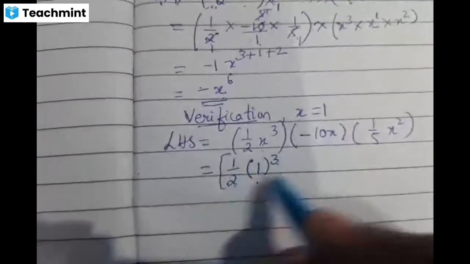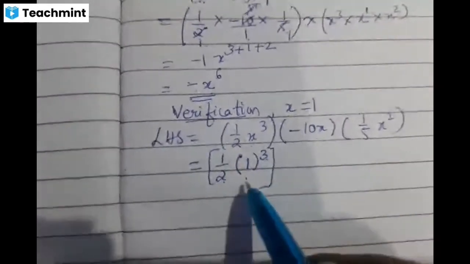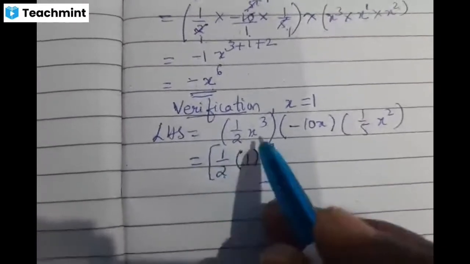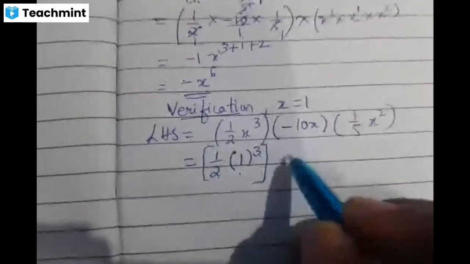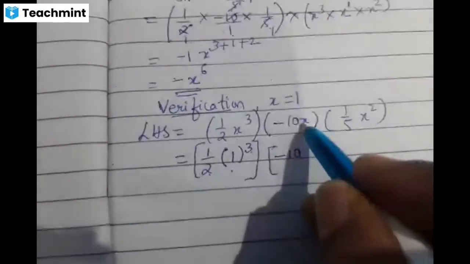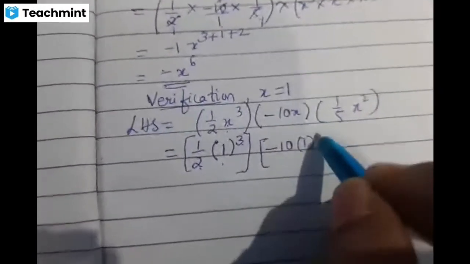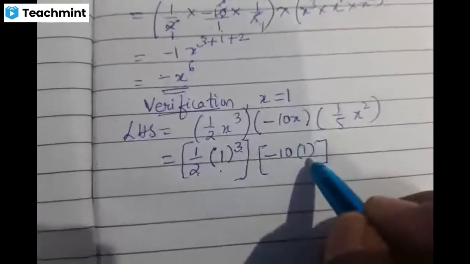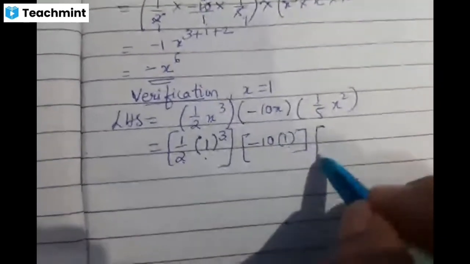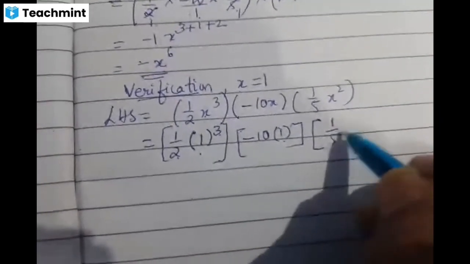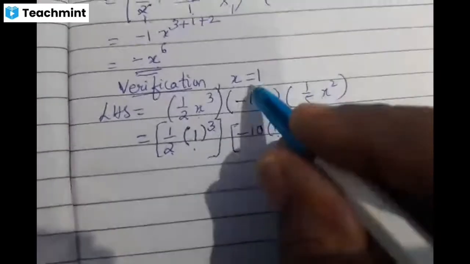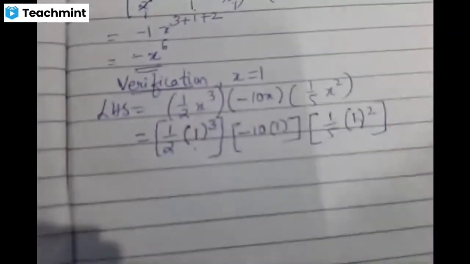Now let me close the brackets here. You can use the big brackets, children. Into, again, minus 10 into, what is the value of x here? 1. So in place of x, I have substituted 1. Again, use the brackets. 1 by 5. In place of x, we have to substitute 1 to the power of 2.